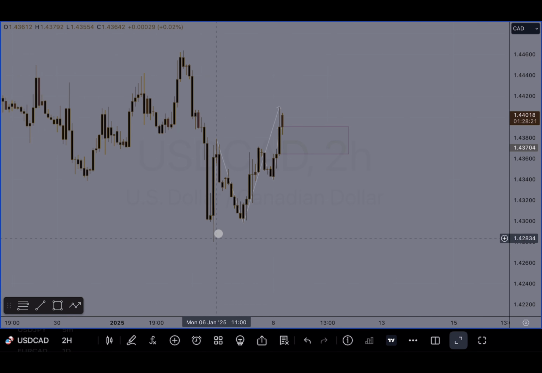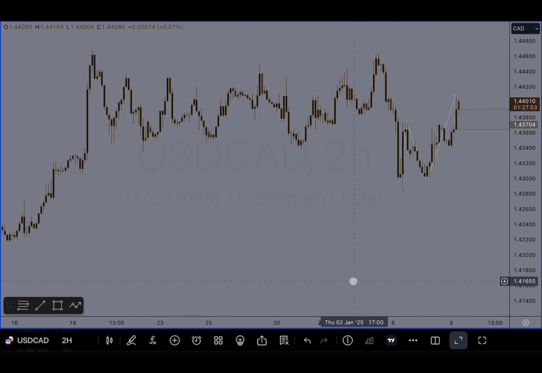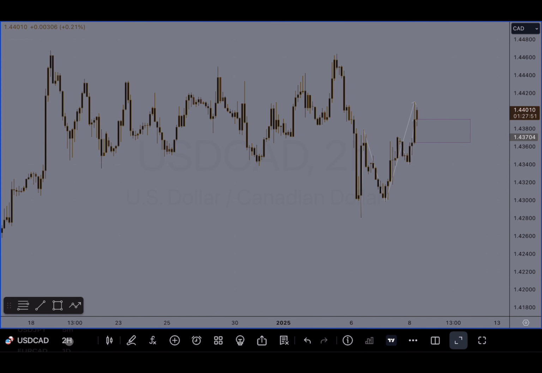So if we have the market structure shifting and breaking, actually, we have a market structure shift happening right here above this high, and it would be this candle that is causing the market structure shift, and then we have the market structure being broken to the upside right here. And let us actually see what this is looking like on a wider scope.